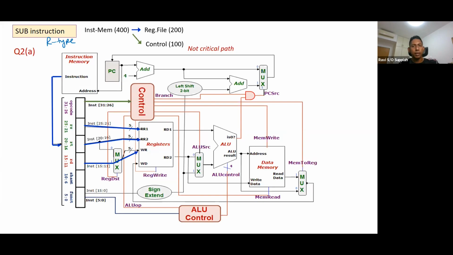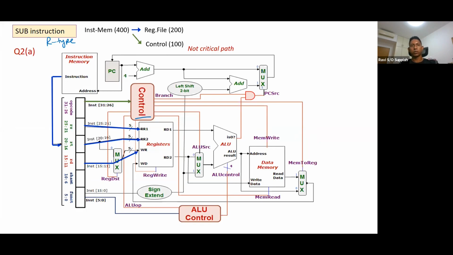But at the same time, while I'm accessing the data from the registers, I also need to send my opcode, my function field, and so on over to my control unit, because the control unit is also responsible for generating all the control lines for me.